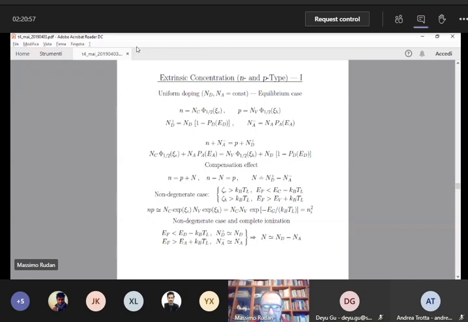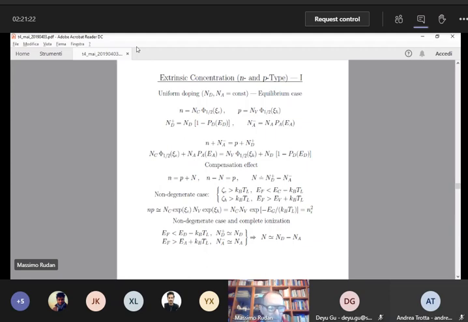If instead N is negative, then minus N is positive. And you can write the balance equation like in the middle of the equations, like n minus capital N equal to p, in which minus N is positive.